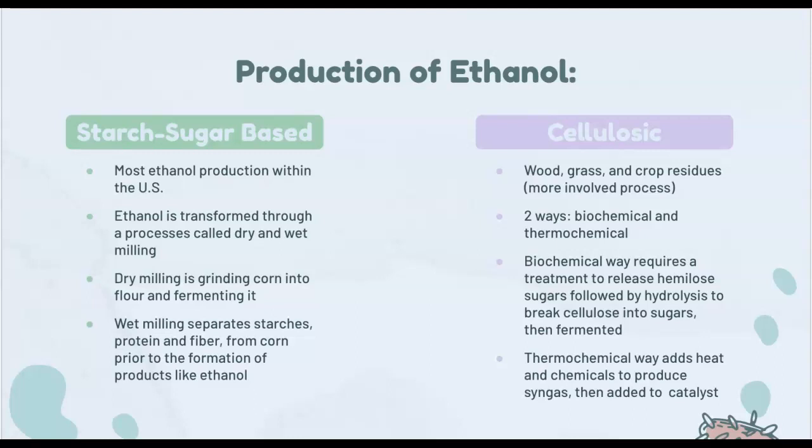The biochemical way requires a pretreatment to release hemicellulose sugars, followed by hydrolysis to break cellulose into sugars, which are then fermented. Or thermochemically, which adds heat and other chemicals to produce a chemical called syngas, which is then added to a mixture with a catalyst to help produce ethanol.